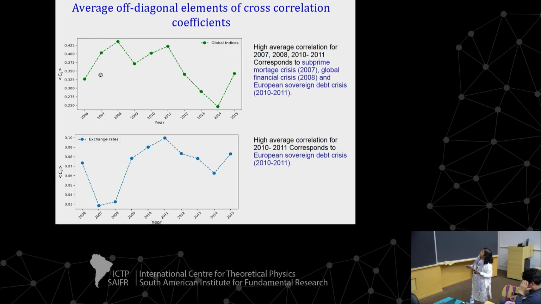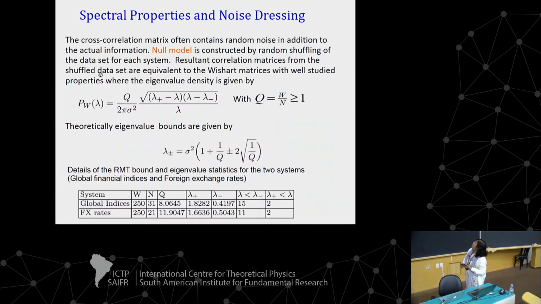And the exchange rate shows a very different behavior, actually. The high average correlation is in the range 2010 to 11, okay? And that picks up this European sovereign debt crisis.